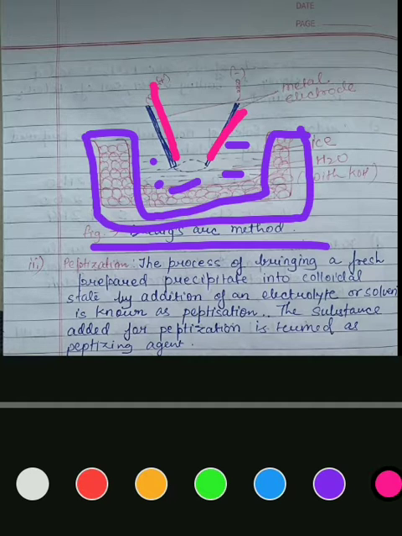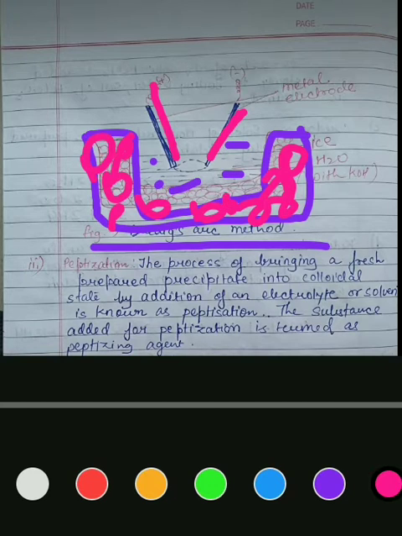Suppose we want to get a colloid of gold, so we should put gold electrodes here. So we have put the electrodes and the dispersion medium, water, with some base in it, and surrounded it with ice. Why do we keep the ice here? To make the solution cool.